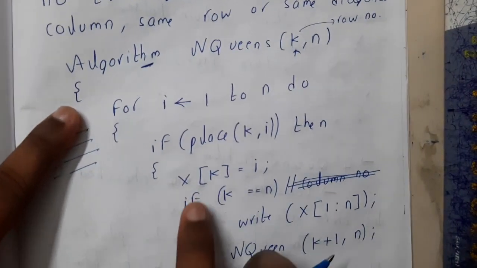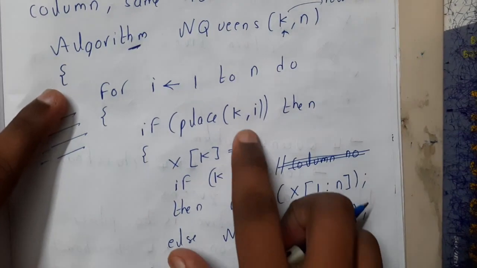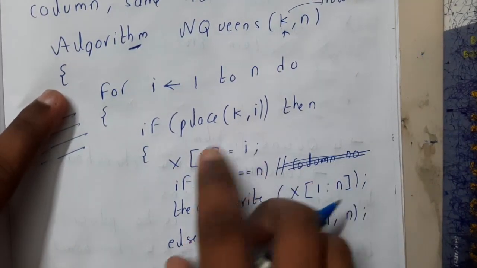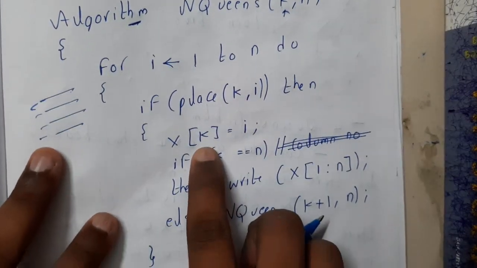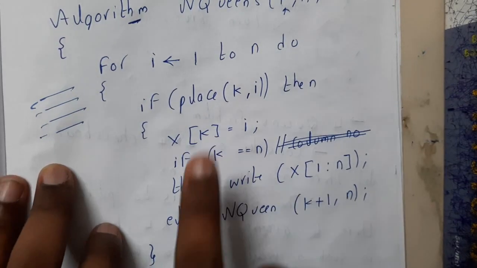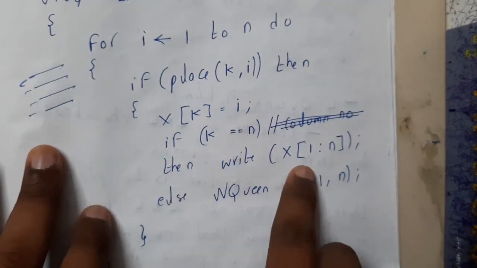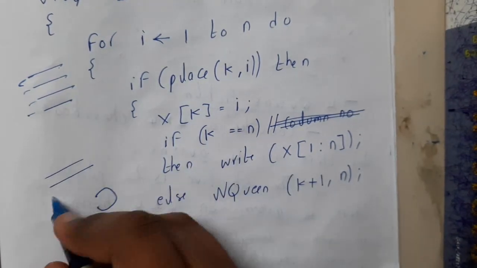So if it is true, then we will assign x of k equal to I. So that position we will place into a particular position, that is nothing but k. The k is nothing but what you have passed there, right? So that k you will substitute here, that particular row number. Okay, so if k double equal to n, then you will write it directly. So if k double equal to n means we have already completed the whole 4 lines.